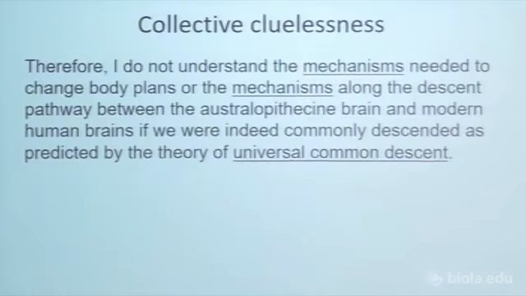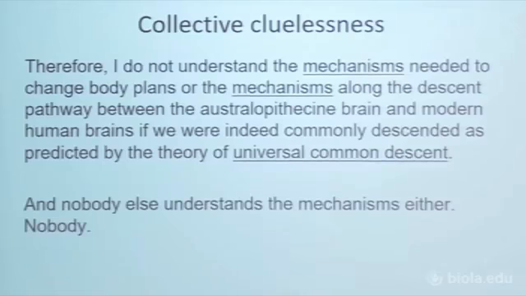So, therefore, I don't understand the mechanisms needed to change body plans or the mechanisms along the descent pathway from Australopithecine brain to a modern human brain, if we were indeed commonly descended as predicted by the theory of universal common descent. I don't understand it. And nobody else understands the mechanisms either. Nobody. They don't understand.